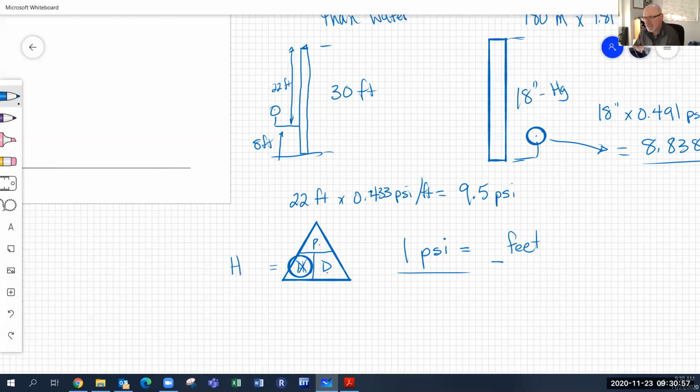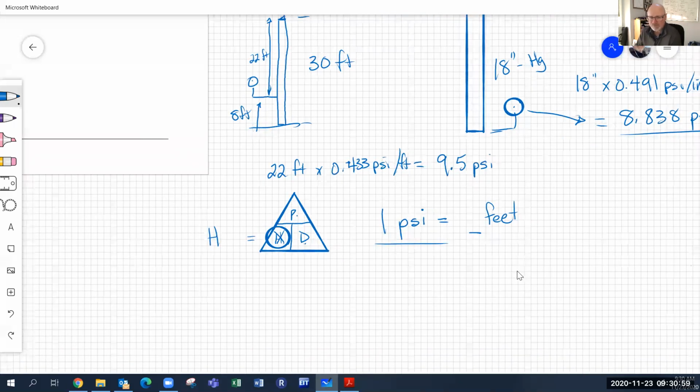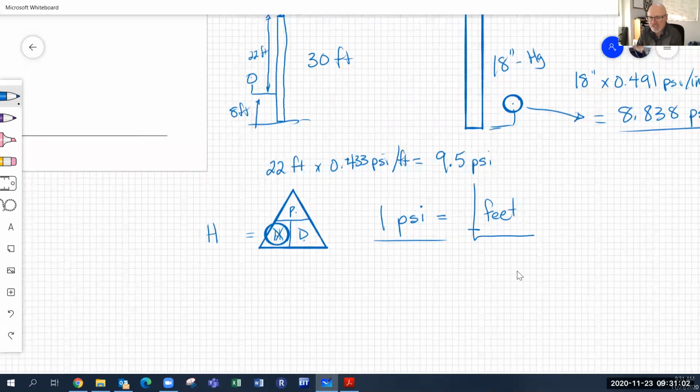The density I'm talking about is in feet. So I take the 1 PSI and divide it by the density in feet, 0.433 PSI per foot, and that comes out to 2.31 feet.